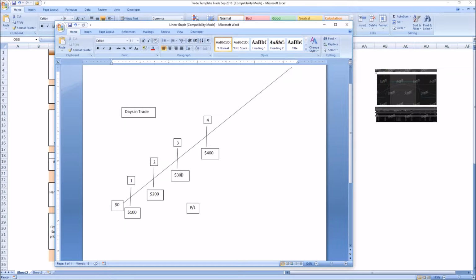But if we were in the trade for 3 days and my linear graph says that I should have $300 in profit, all things being equal, but I suddenly have $600 in profit, something good has happened. I don't know what that is, but I'm way ahead of the profit and loss graph. So I might want to just take the trade off at that time and reload. So that's how I use that. It's not set in stone. It just helps guide me as I move through these trades, just to keep me on track on where we are.